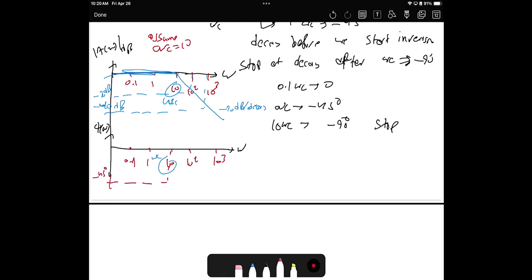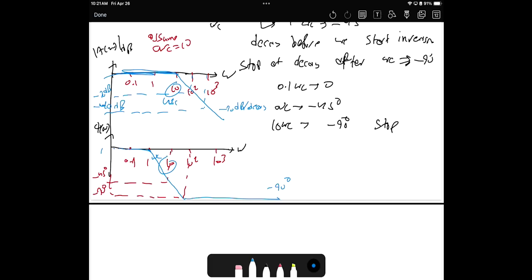A decade after omega c, it will be negative 90 degrees. So a decade before omega c it starts to move like this, and here it remains constant at negative 90 degrees. Okay? Does this make sense? It's actually the mirror of the zero, or the opposite of the zero.